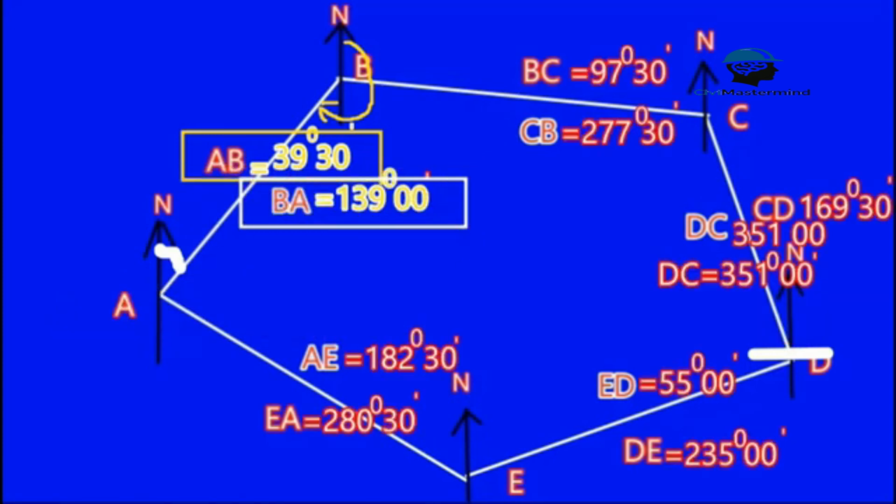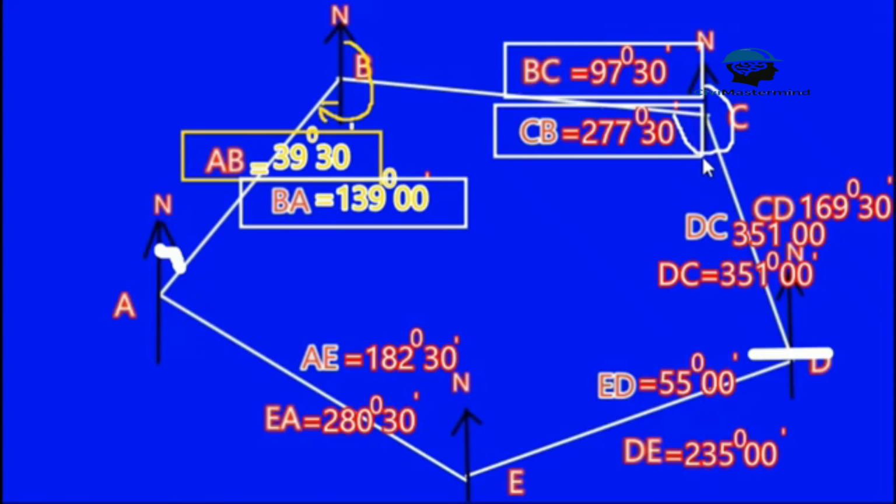So similarly, we'll have the forebearing over here, that is BC, that is 97 degrees and 30 minutes, and the back bearing, that is supposed to be this bearing over here, C towards B, that is 277 degrees and 30 minutes, and so on.